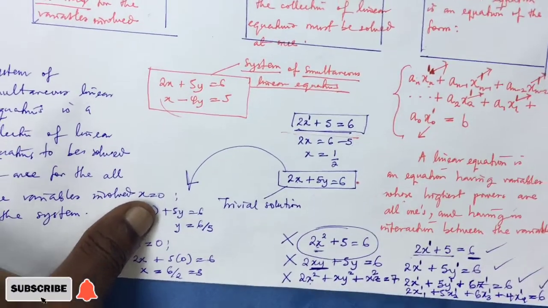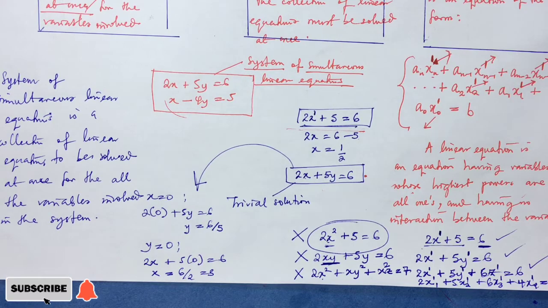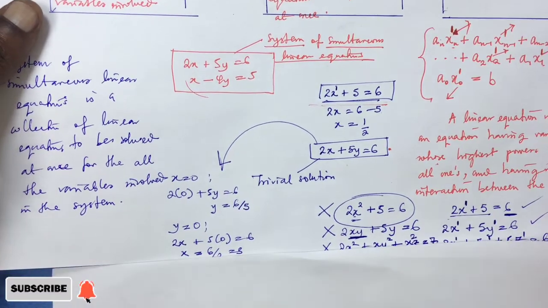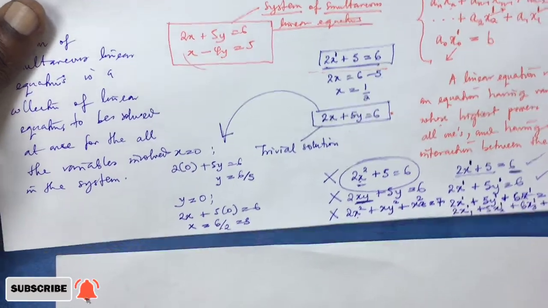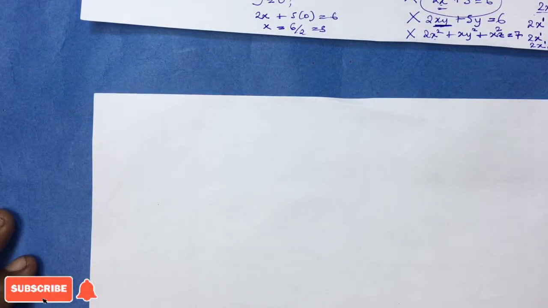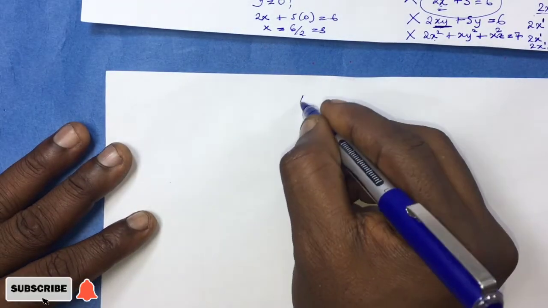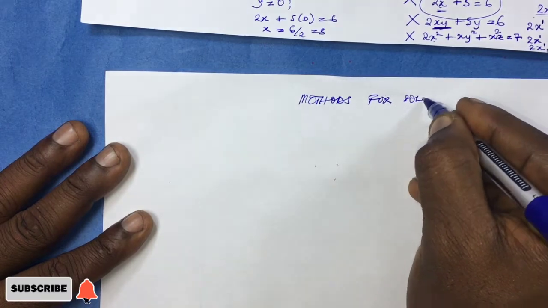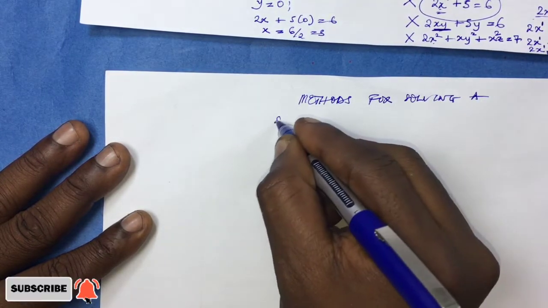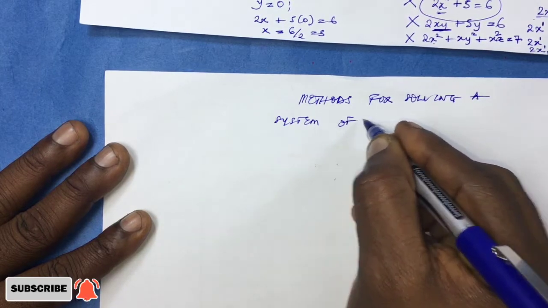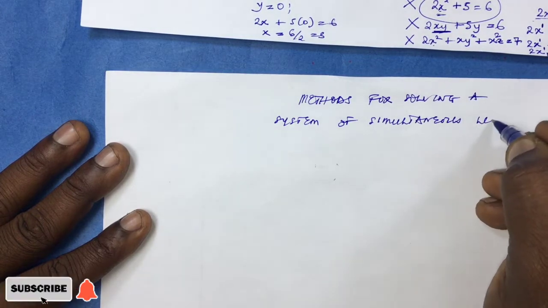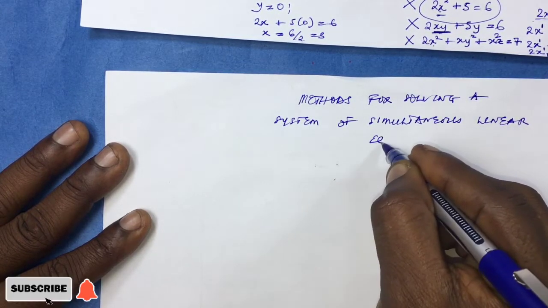Now, to end my discussion in this video, remember, in subsequent videos we shall be looking at methods for solving this system of simultaneous linear equations one after the other. Now, to end my video, the question I want to answer is, what methods are available for solving a system of simultaneous linear equations?